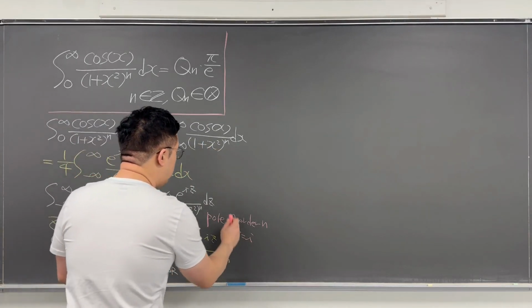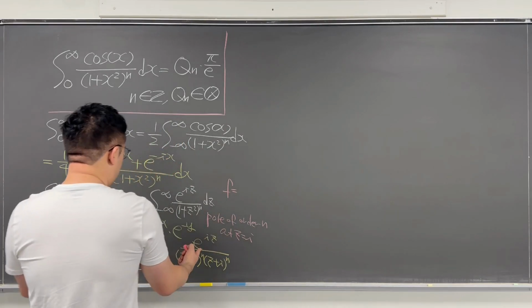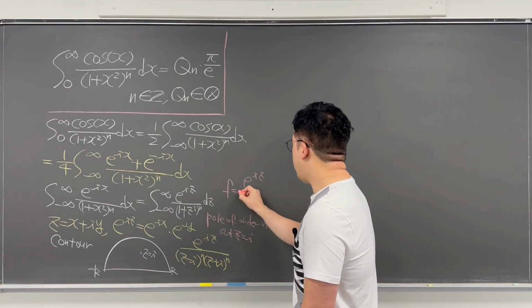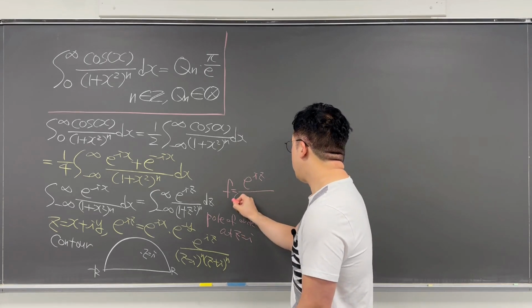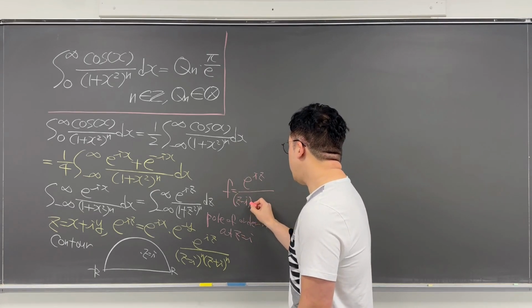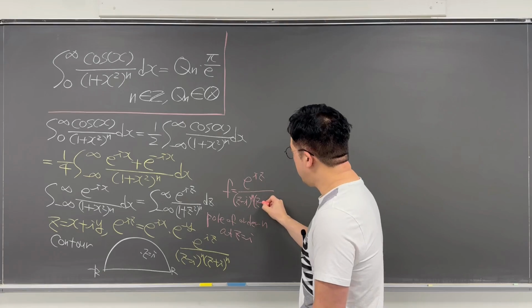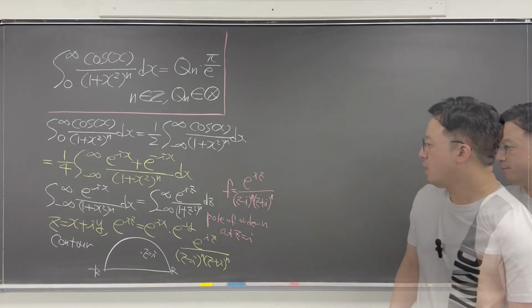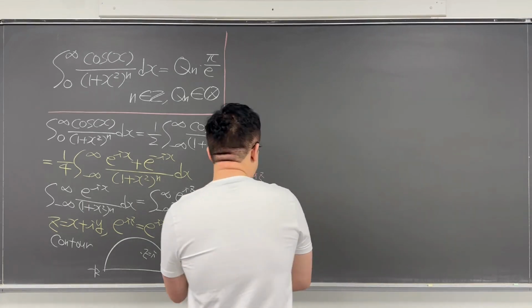Then at the same time, with your f being e to the power of iz over (z minus i) to the power of n times (z plus i) to the power of n, based on this, we can talk about the residue, right?